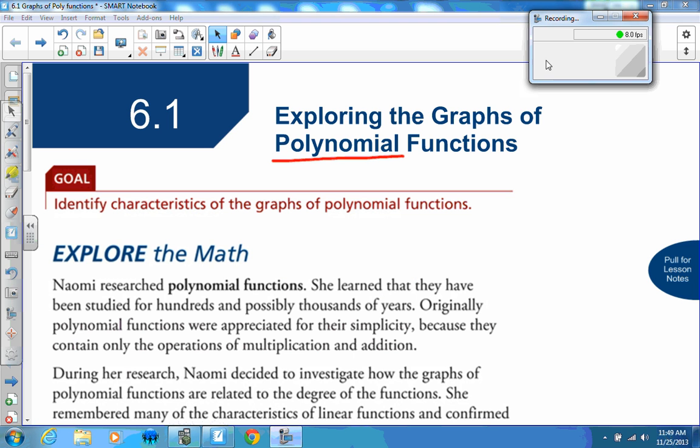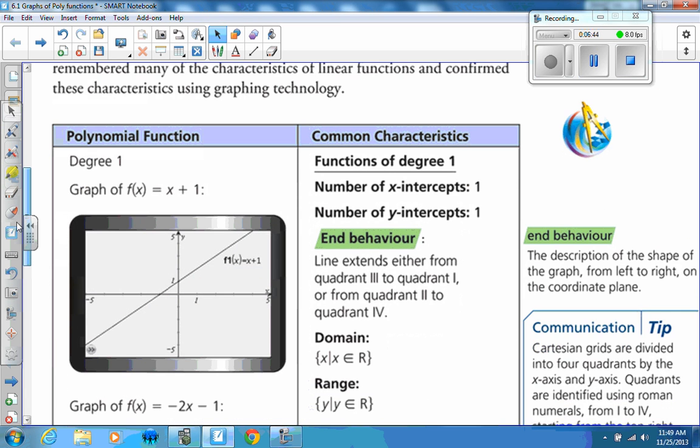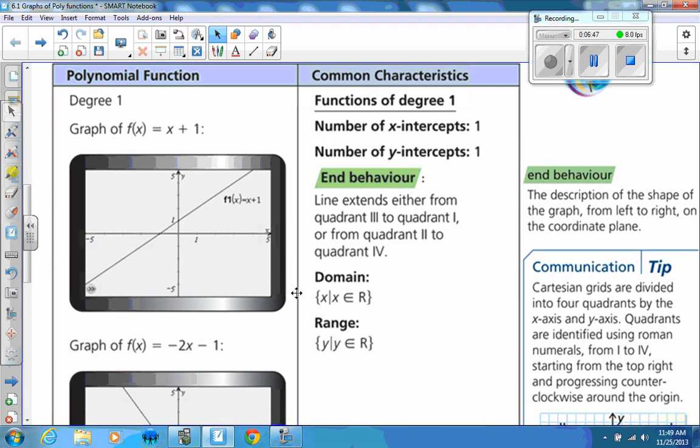Okay? So if we go back to the first page on the section, which is on page 380, I didn't tell you that, there's just some important terms that you need to know for this first section. So end behavior is the description of the shape of the graph from left to right on a coordinate plane. So you're always going from left to right on the coordinate plane.